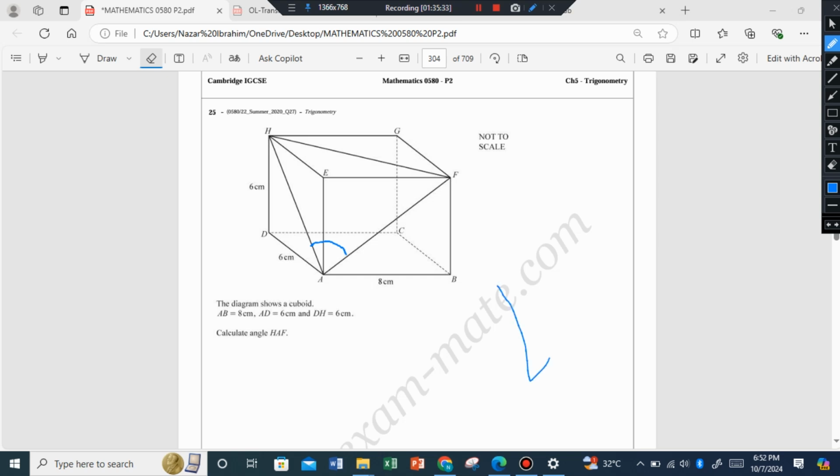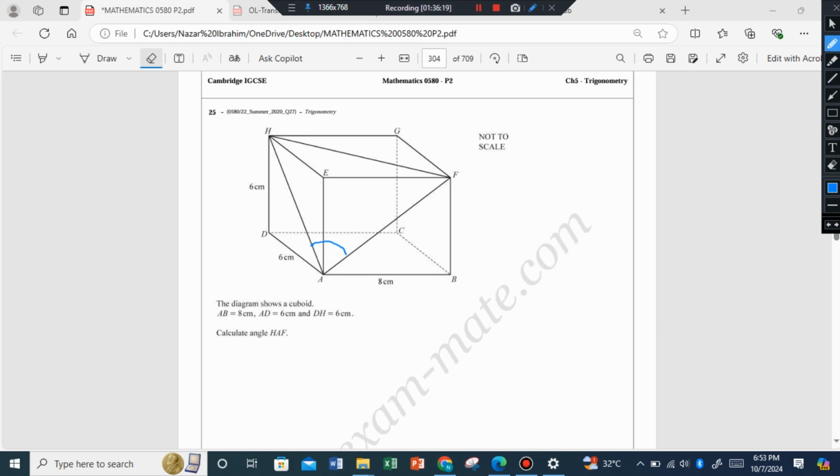So if I make this triangle, the sketch is having a little problem.